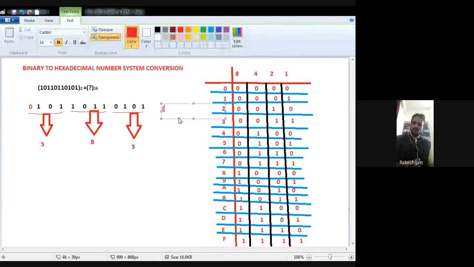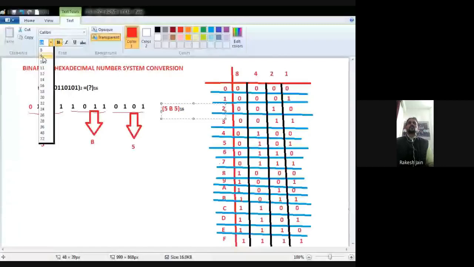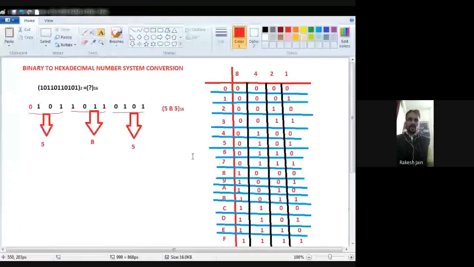So what is my answer? My answer is 5B5 in hexadecimal. The number which was given in binary, we have now converted into a hexadecimal number and found that our answer is 5B5. I hope you understand.